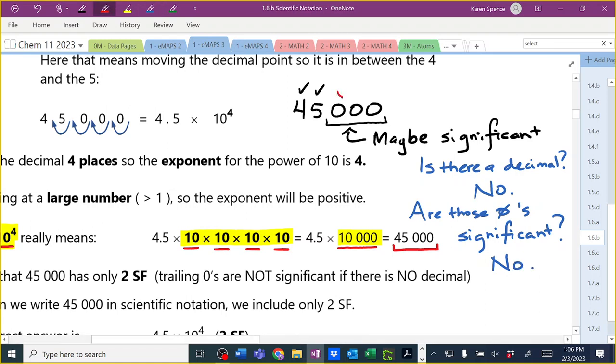So that means they are not significant. So how many significant figures do we have? Just 2, okay? 2 sig figs. So 45,000 without a decimal in it has 2 sig figs.